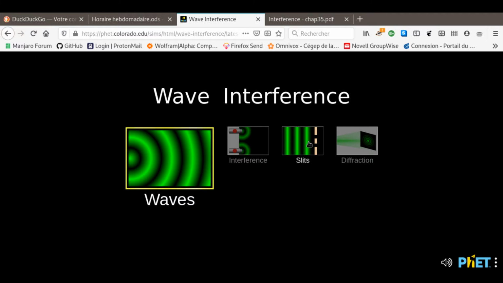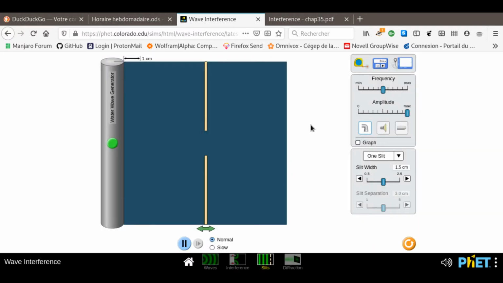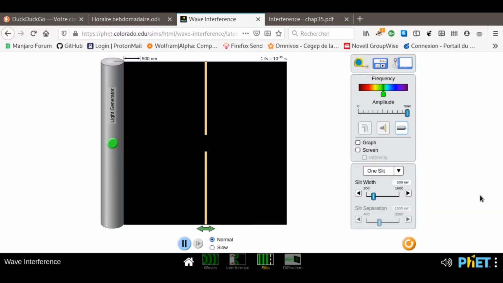So since I don't have the kind of material I can present to you in these conditions, I'll resort to simulations to represent what we will see. I will have here on the left a light generator which acts much like the sun would in Derek's experiment. Then I'll place two very thin slits through which light will be able to pass.